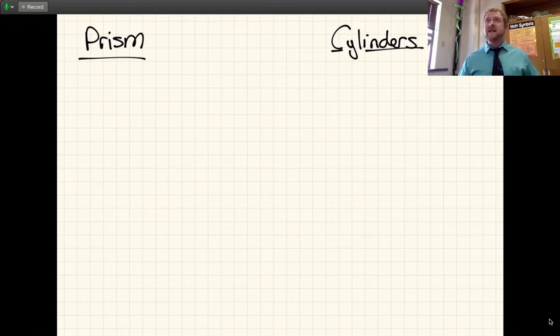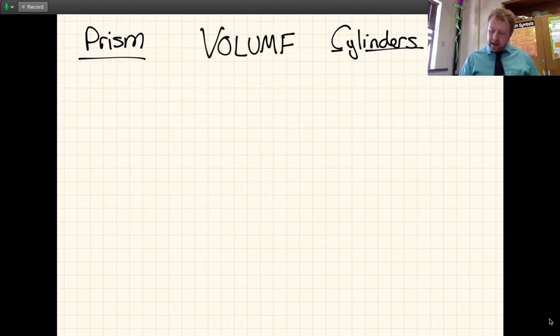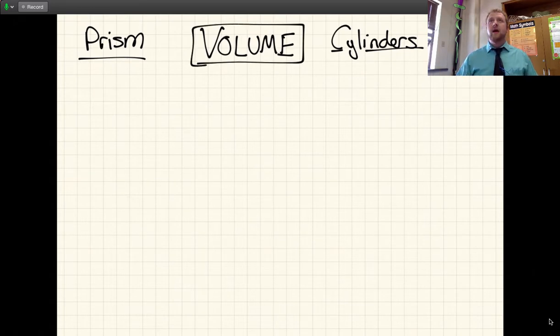The big idea, the amount of space, has a very special word. It starts with V. It's called volume. Not to be confused with how loud something is. Volume is the amount of space something takes up.